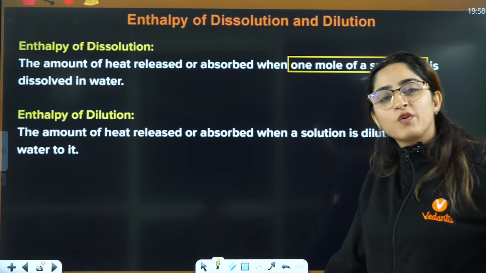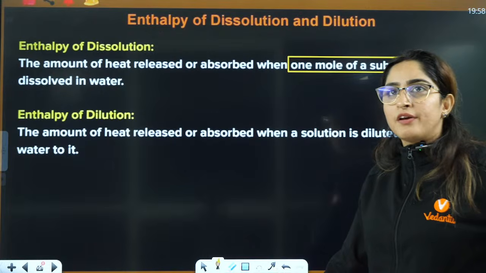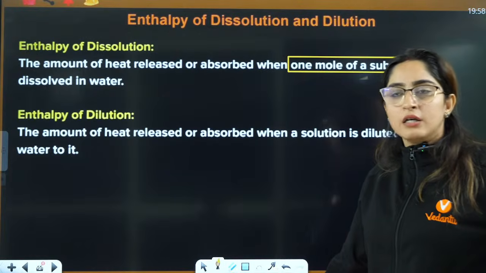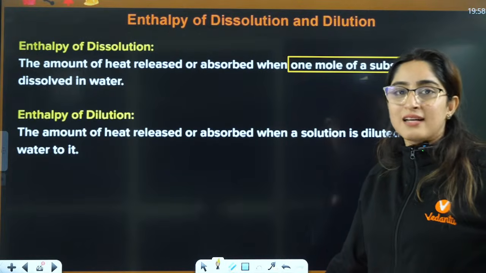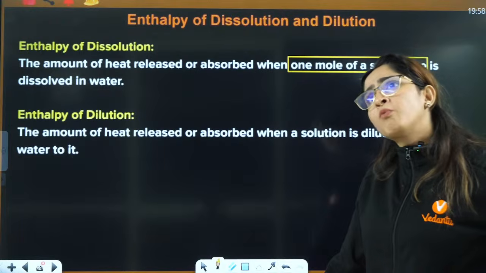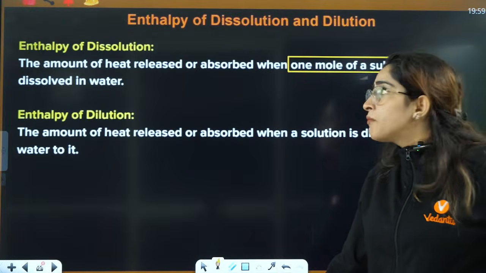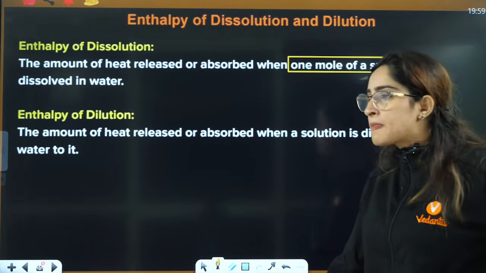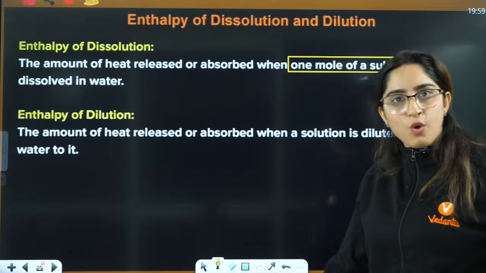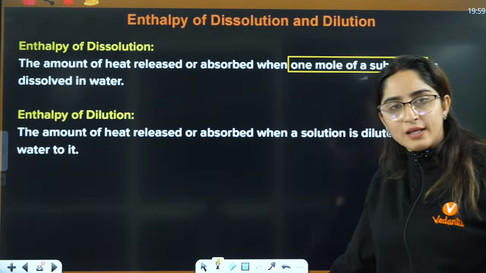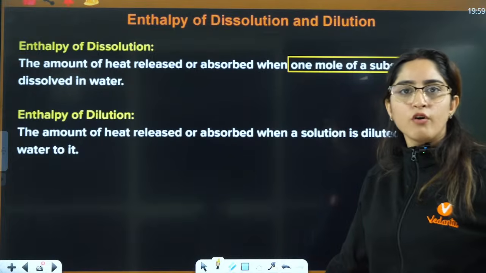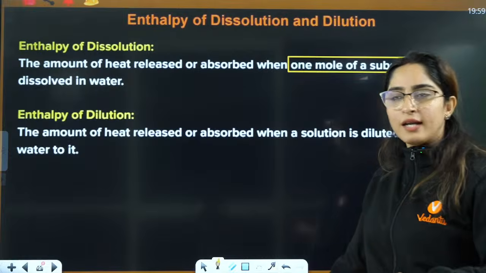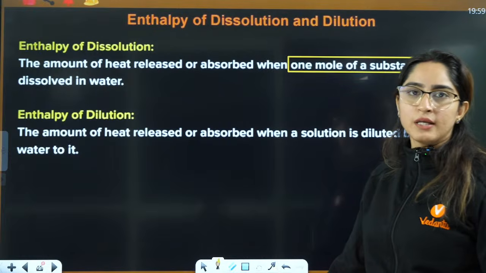Hydration was when you have gaseous ions that are converted to aqueous ions. Then what was the difference between solution and dissolution? In solution you have a solvent, you add solute into it. Solution and dissolution don't have that much difference, they are almost in the same category.